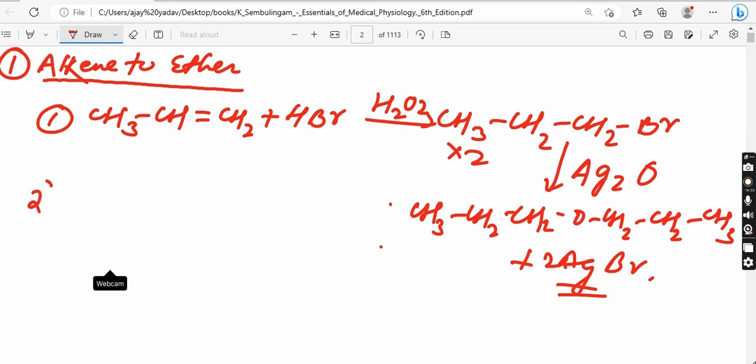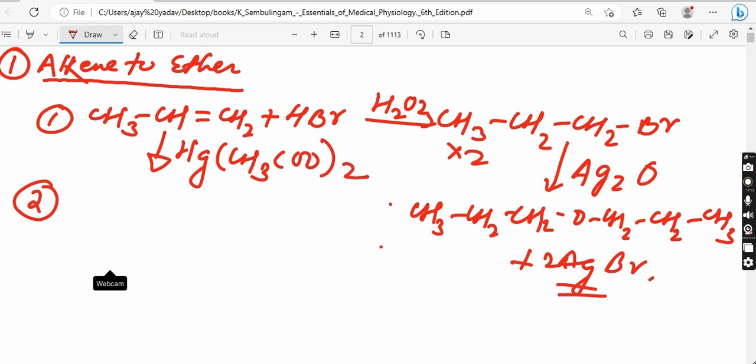So the next reaction is you can react this one with Hg(CH3COO)2. This is the first step, this is mercuric acetate, right? And then you have to react with alcohol, CH3OH, in the first step.